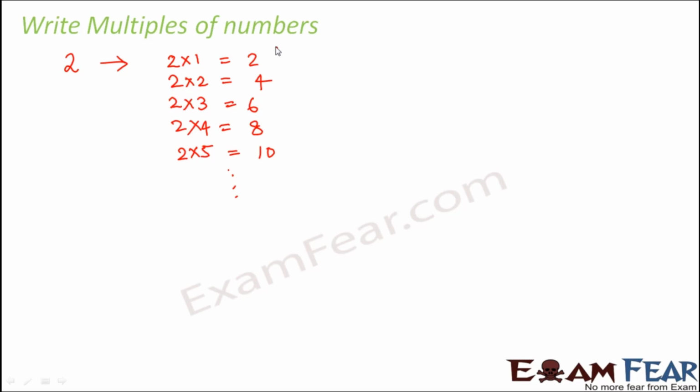So please understand the relationship between factor and multiple very, very clearly. So let us take any one example from this. Can you tell me from this who is a factor and who is a multiple and why? If you take this instance, you will see this means that 8 is exactly divisible by 2.